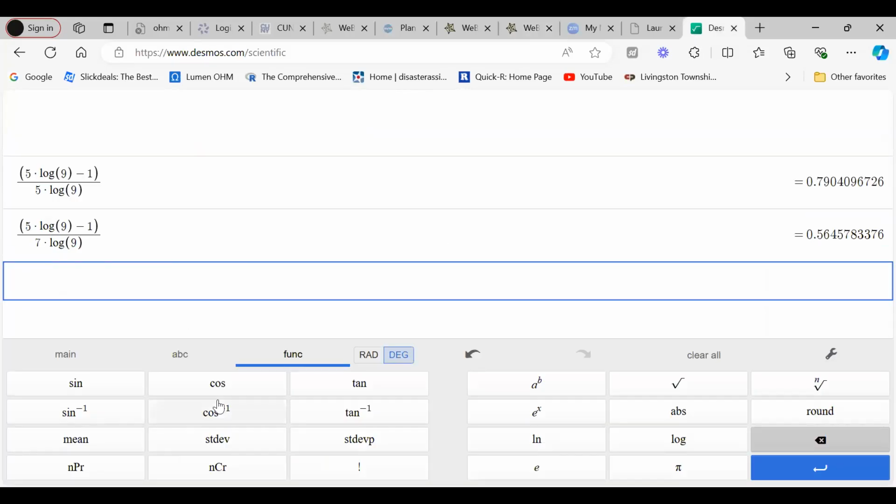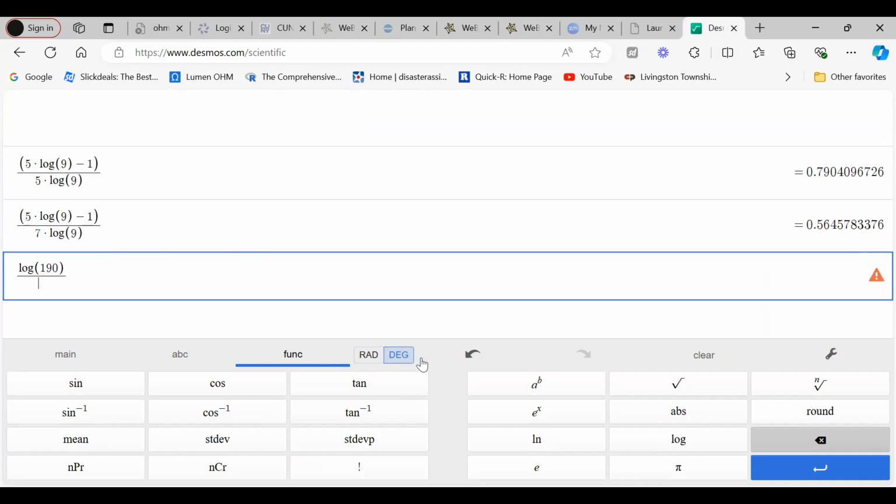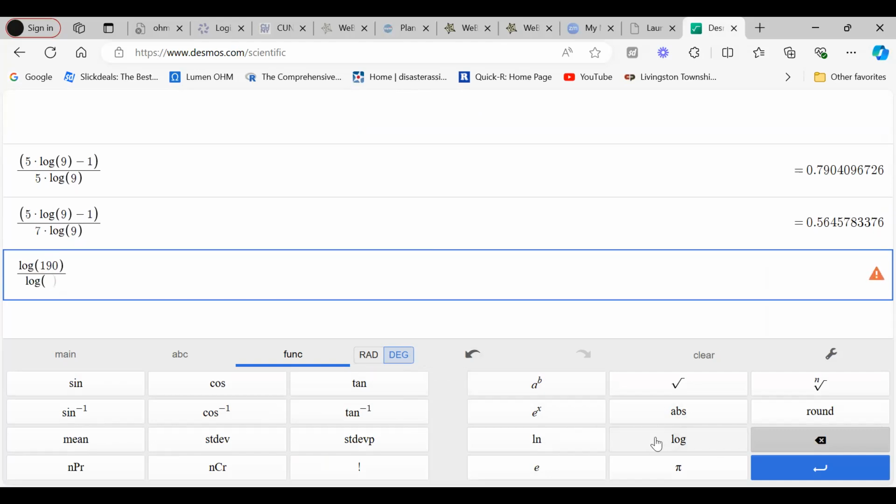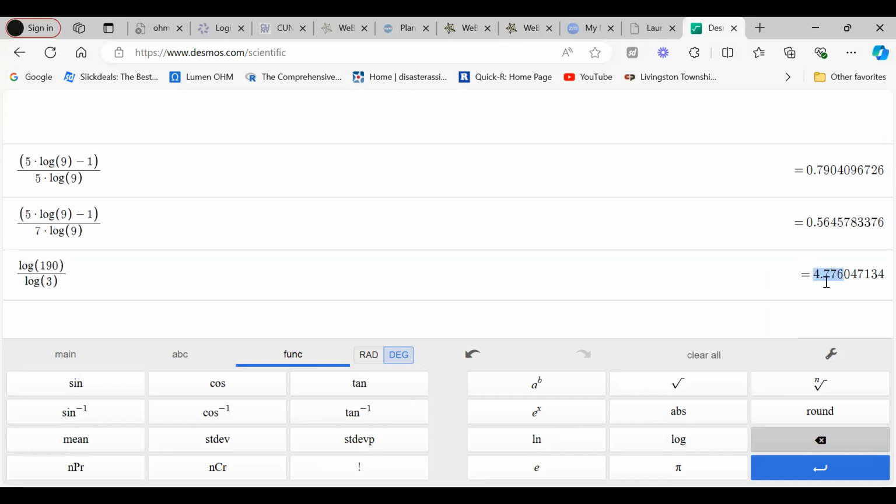So go back to function and get log 10 of 190, close parentheses, divided by log 10 of 3. And we get about 4.776, right? That's the answer. 4.776.